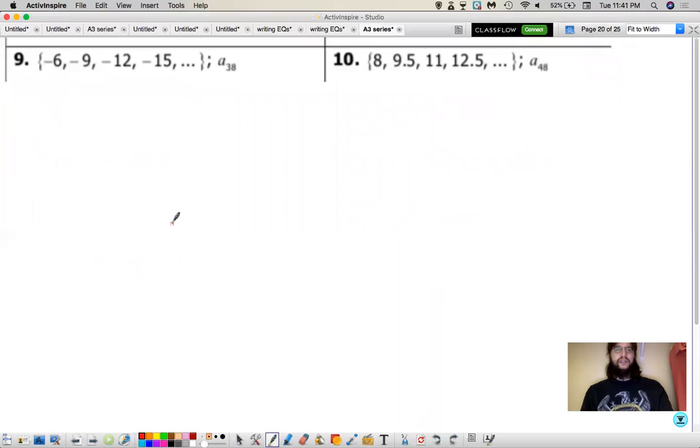But now I guess we'll just do this. Down by 3, down by 3, down by 3. d is negative 3. That's where I start. My explicit formula will be this. Plug in 38.